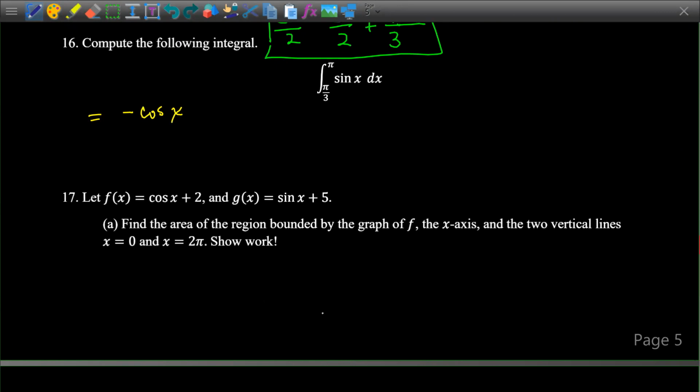So now we're going to evaluate this from pi over 3 up to pi. So it's going to be minus cosine of pi. And then we're going to subtract from that minus cosine of pi over 3.